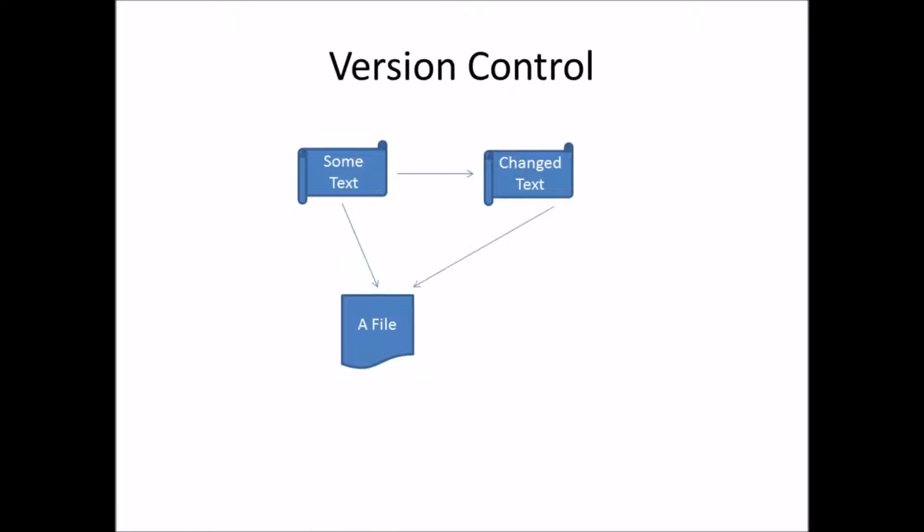So version control. Suppose we've got some text stored away in a file somewhere, and then we change the text in that file and we want to save it away somewhere. We could just overwrite the original file, but if we do that we lose the history, we lose the ability to revert back to the previous version if we find that there's something wrong.